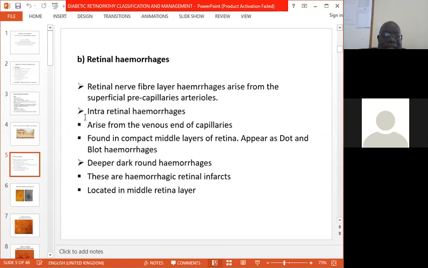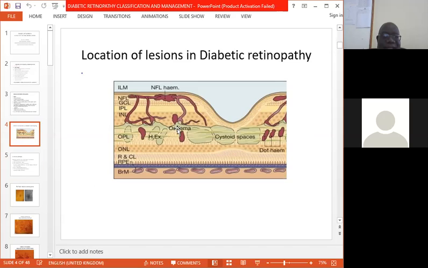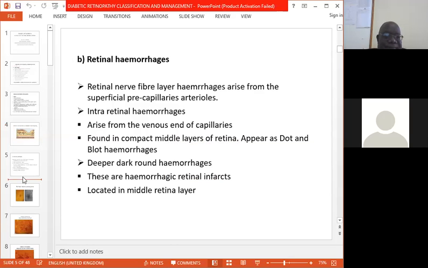The intraretinal hemorrhages. These are inside the actual retina. These red stuff are intraretinal hemorrhages. They are within the retina. The superficial ones will be in the nerve fiber layer. Intraretinal hemorrhages arise from the venous end of capillaries.